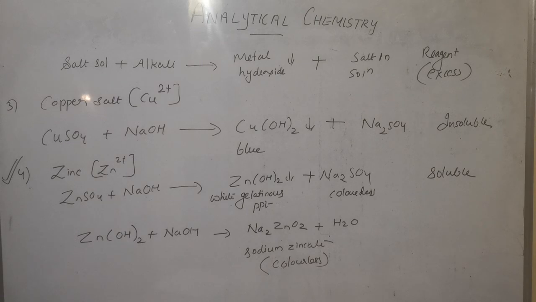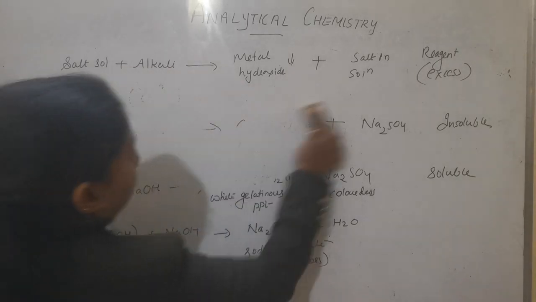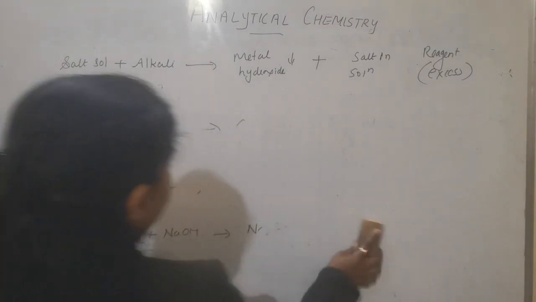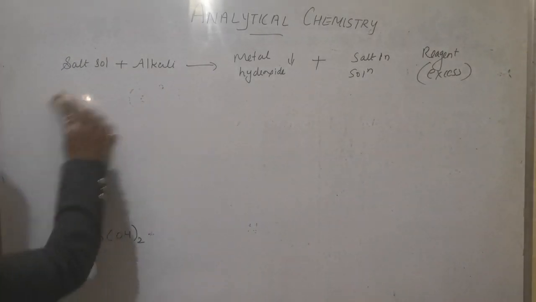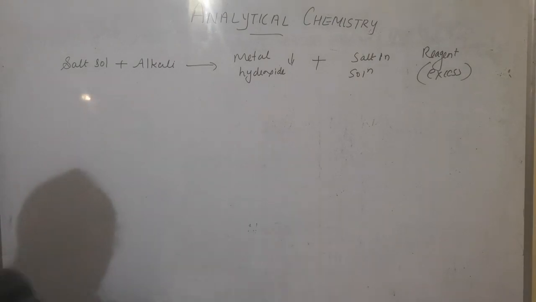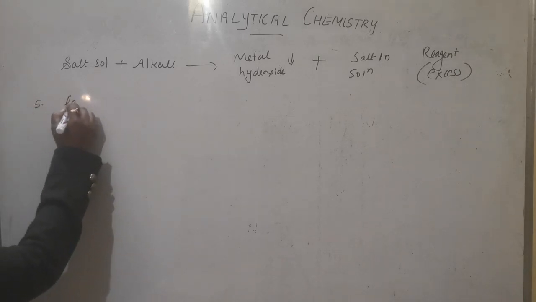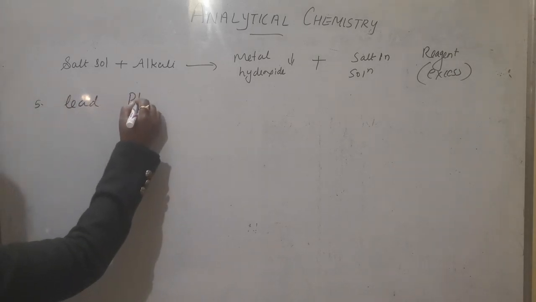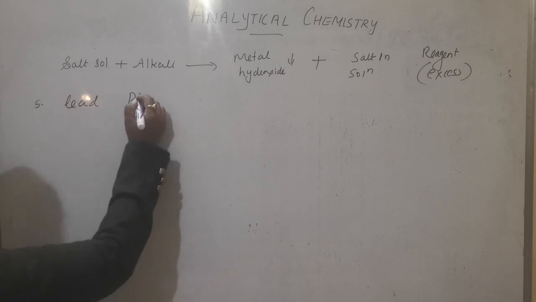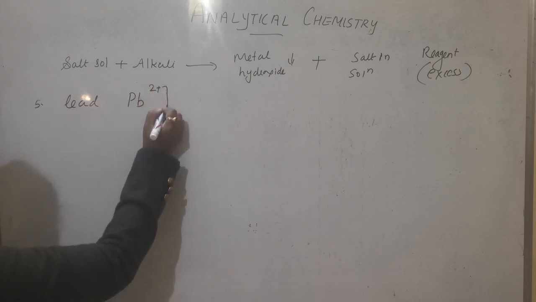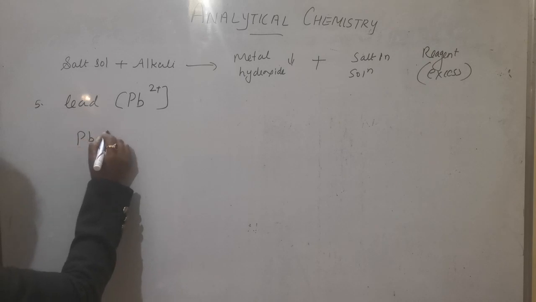Next is lead salt. So lead will also get dissolved with excess of NaOH. Lead, symbol is Pb, valence is +2, we'll take lead nitrate.